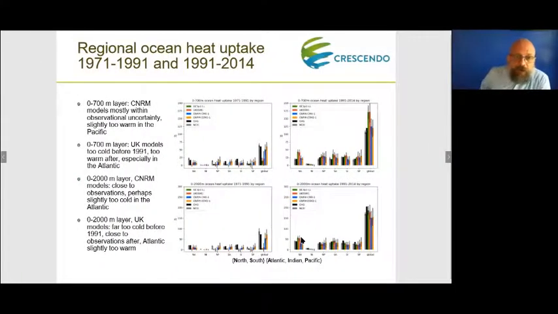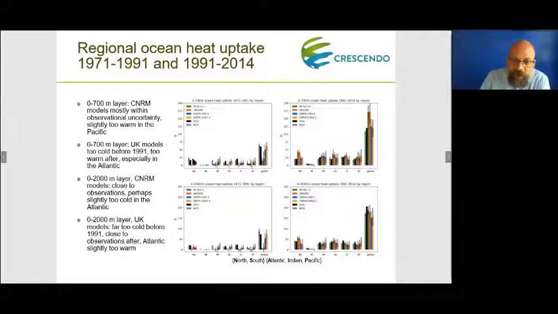If we look at the regional ocean heat uptake, to go away from the global to the regional perspective, we see here the ocean heat uptake in the top plots 0 to 700 meters, bottom plots 0 to 2000 meters. Left hand is 1971 to 1991, on the right hand side 1991 to 2014.